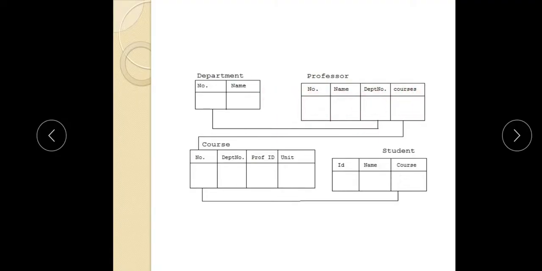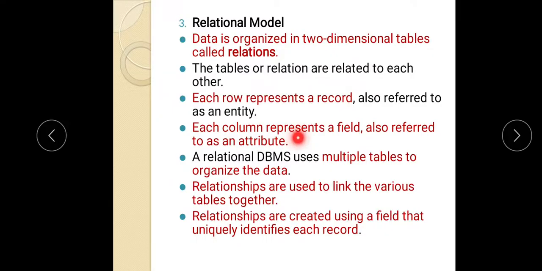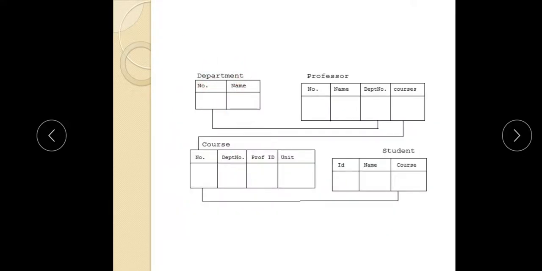This is the first record, second record, third record. Each column represents a field or attribute. So this is the first attribute of department, and this is the second attribute or field of department. Clear?